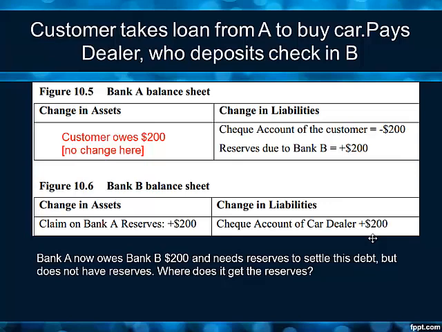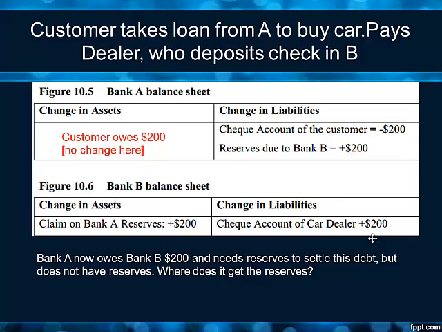And liabilities. The car dealer now has in his checking account 200 more than he used to, so he can now write a check on this bank, which this bank will now have to pay.